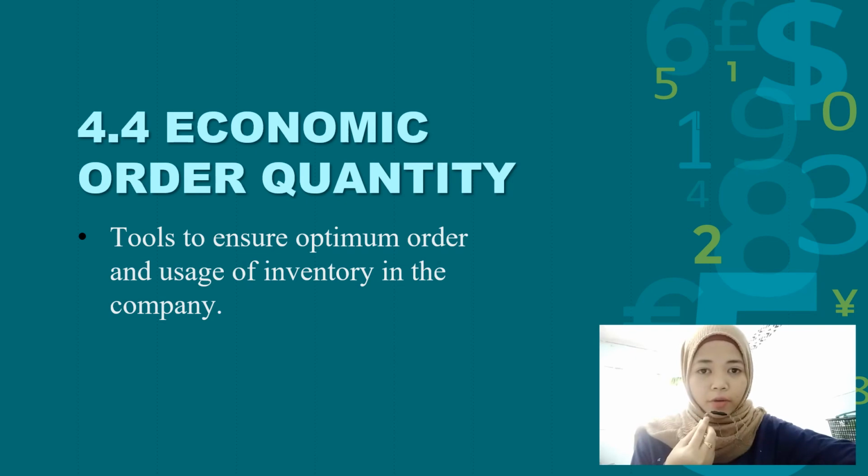Assalamualaikum warahmatullahi wabarakatuh. My name is Nur Akilah binti Awang and my part is about economic order quantity. What is economic order quantity? Economic order quantity is the number of units that a company should add to inventory with each order to minimize the total cost of inventory, such as holding costs, order cost, and shortage cost.